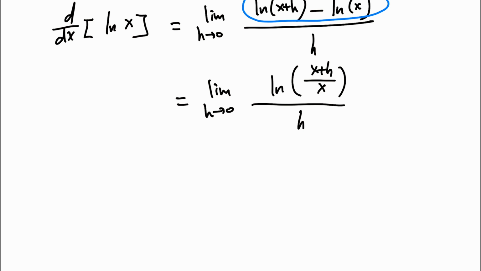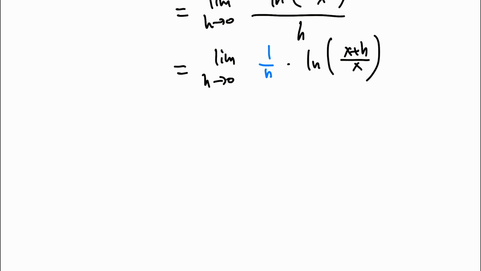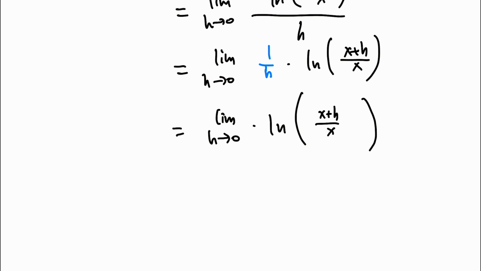And we can get that h over here so that it becomes a power. So 1 over h times this ln function, and we can put the 1 over h inside the ln function to get that the limit as h approaches 0 of ln of this inside, x plus h over x, to the 1 over h power, using the property of logarithm.